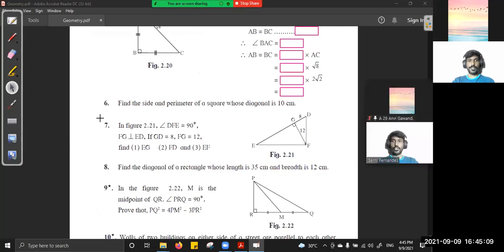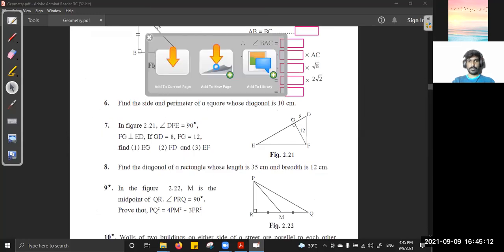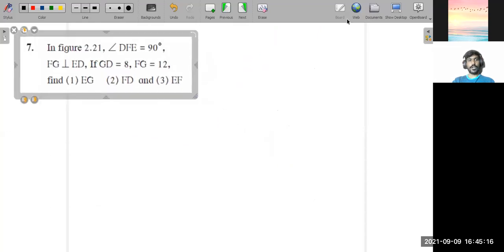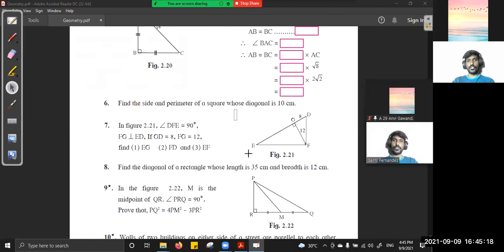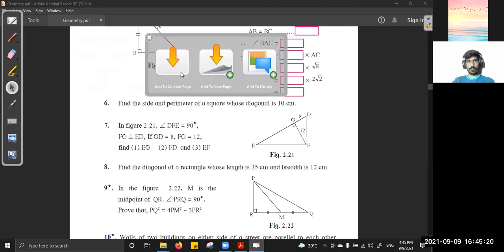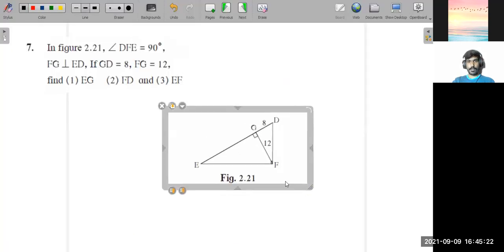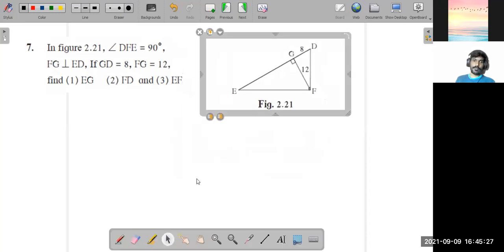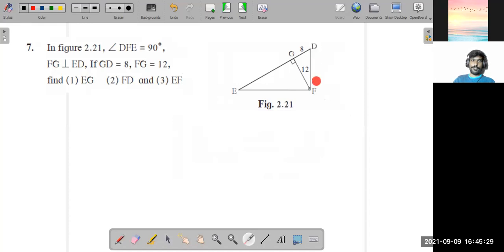Okay, I want you to do the 7th one right now. I'll give you a hint: you have to use the geometric mean formula. FG is given 12, GD is given 8. You have to find EG, FD and EF.